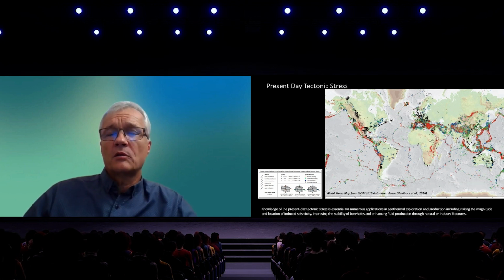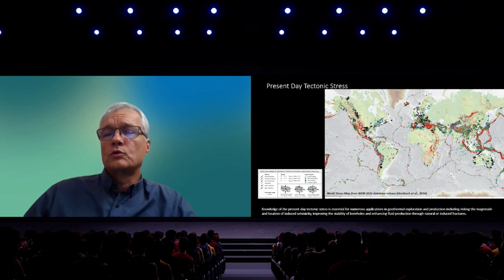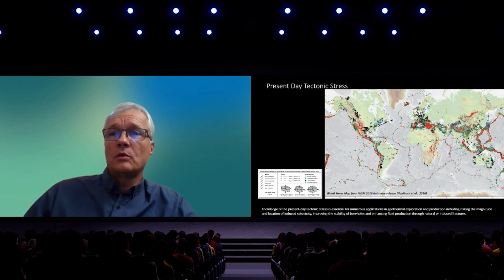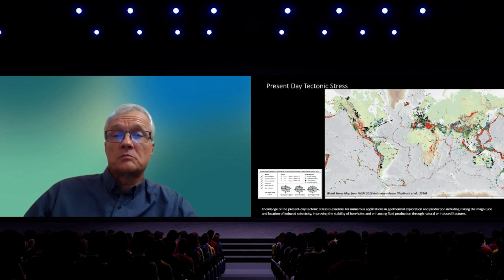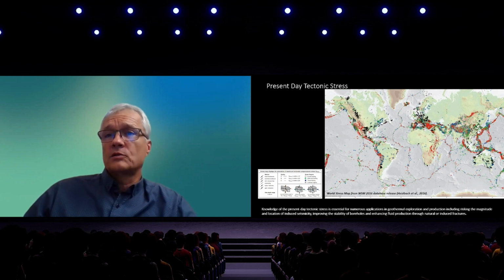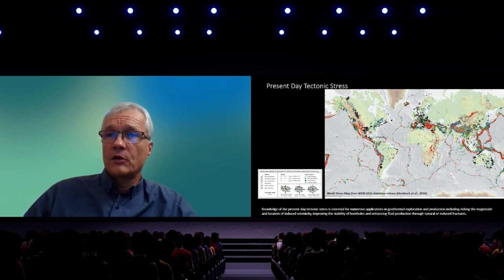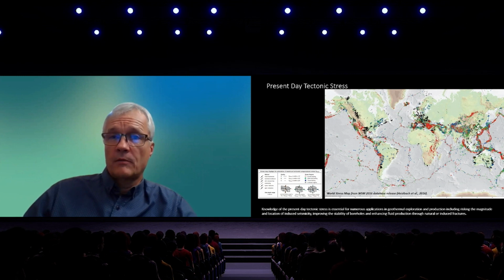Knowledge of present-day tectonic stress is essential for numerous applications in geothermal exploration and production, and it includes risking the magnitude and location of induced seismicity, or improving the stability of boreholes, or enhancing fluid production through natural or induced fractures. Details of the present-day stress, magnitudes, orientations are required to resolve these issues within an individual reservoir scale.